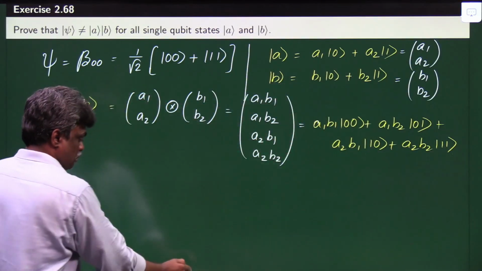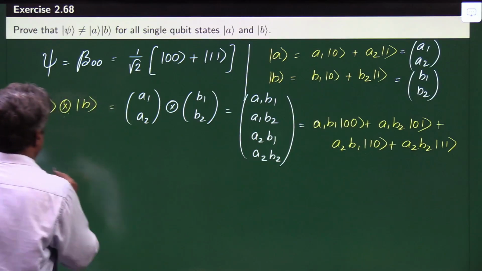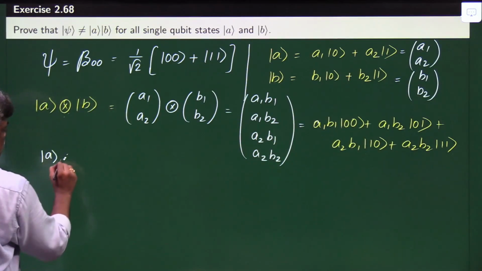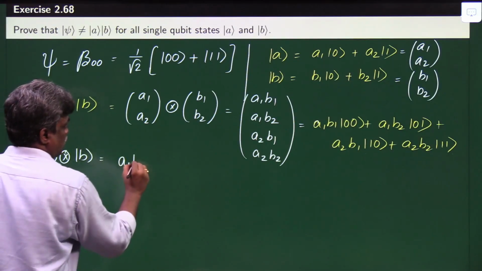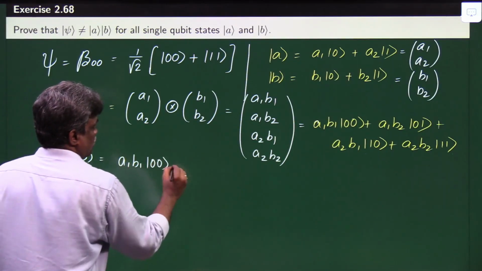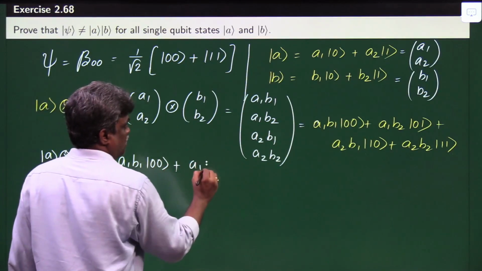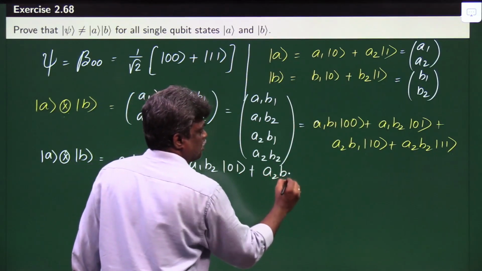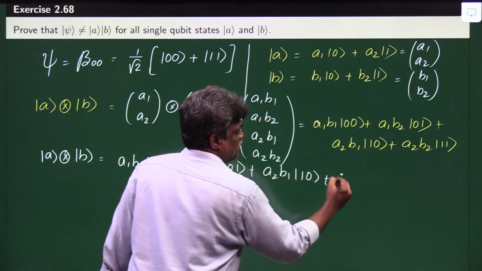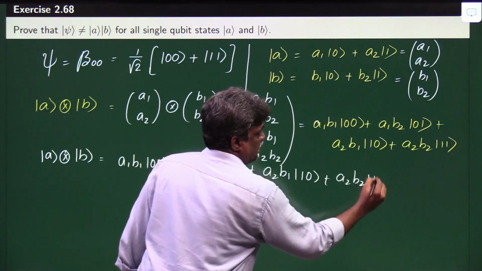Right. So finally I got this tensor product. Let me write one more time. A tensor B equals a1 b1 ket 00 plus a1 b2 ket 01 plus a2 b1 ket 10 plus a2 b2 ket 11.